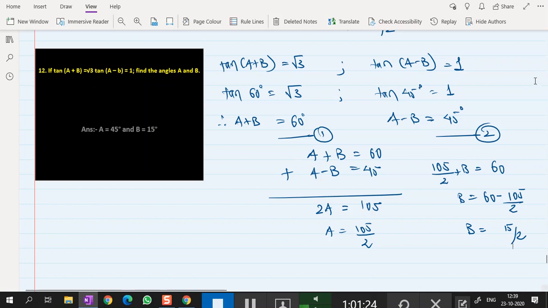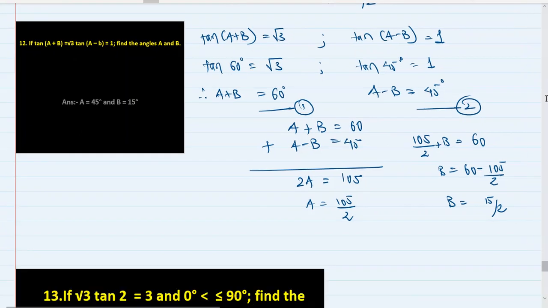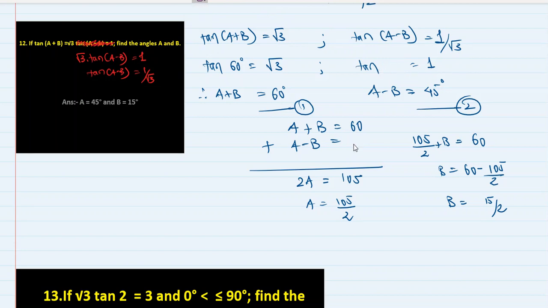Let me correct it, and I'm going to write it again over here. Root 3 times tan of A minus B is 1. So tan of A minus B is 1 by root 3. Okay, so here you will get 1 by root 3. So tan of 30 is 1 by root 3. So there are certain changes here.